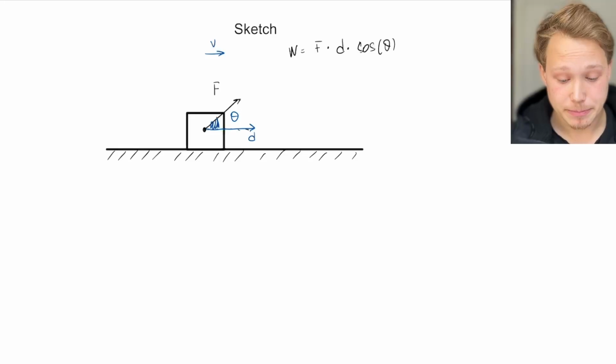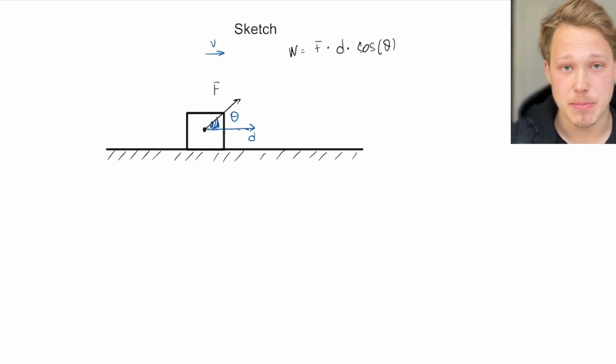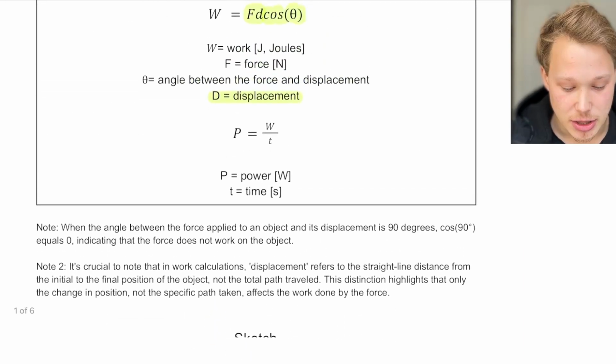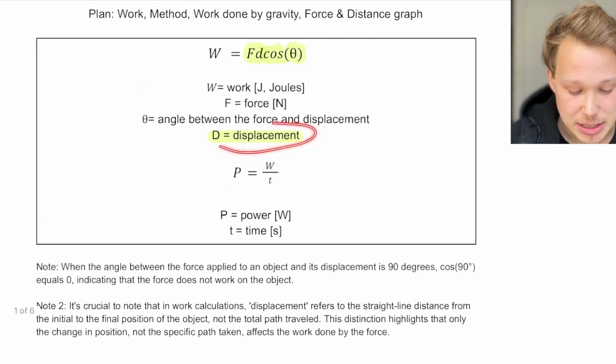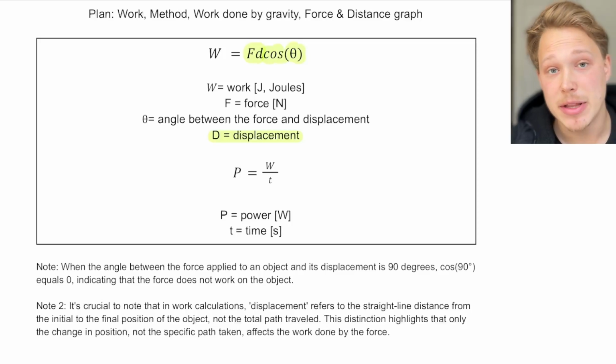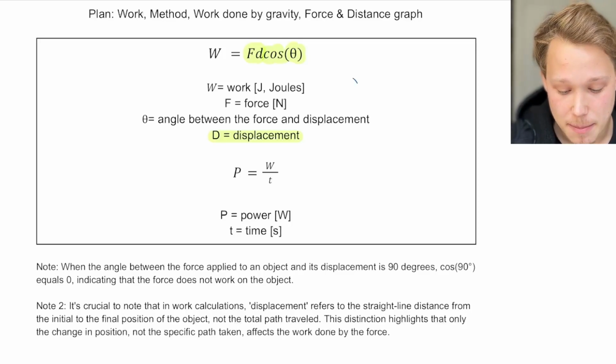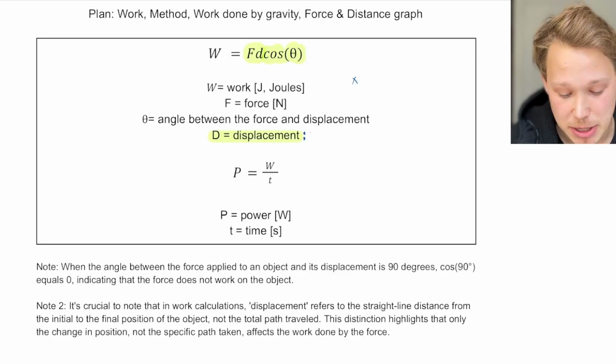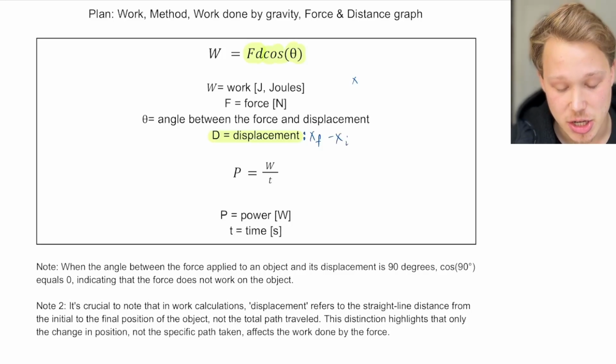By the way, the error I just made speaking between distance and displacement brings me to the next topic: this right here is not the distance, but it is the displacement. Remember that displacement is a vector, meaning that it can have a direction. Displacement is the final position minus initial position.